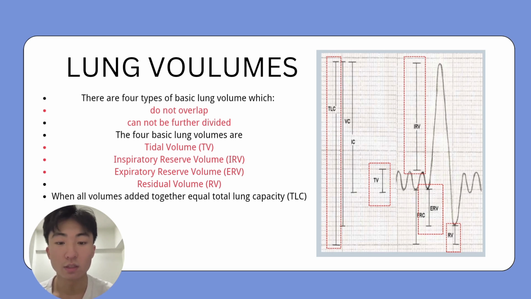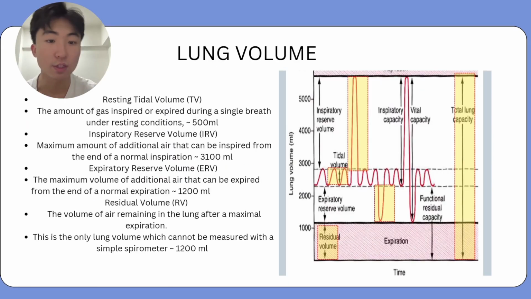Next, we can see the chart. The chart has an x-axis and y-axis. The x-axis represents time, while the y-axis shows lung volume in milliliters, and the graphic illustrates the breathing pattern and identifies specific volumes.